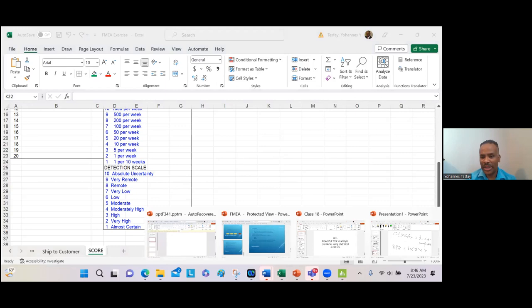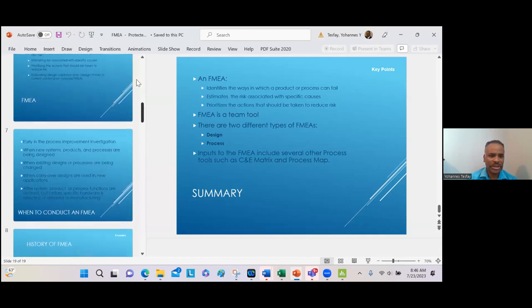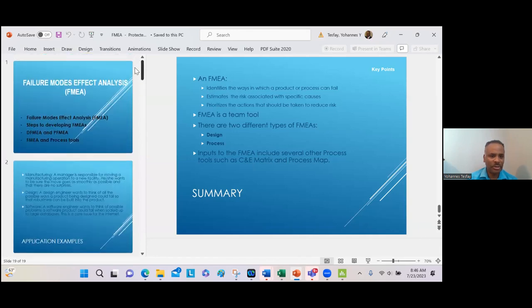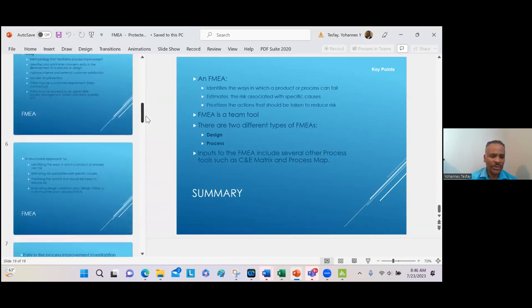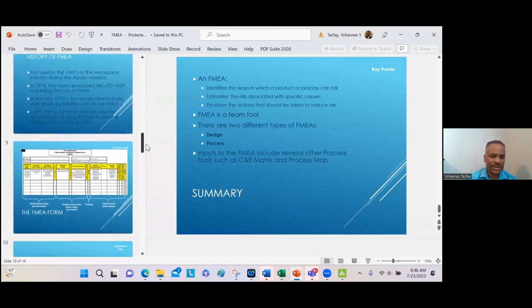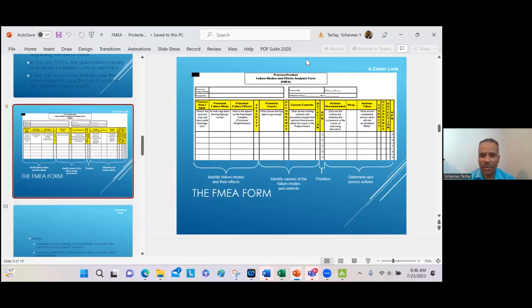So let me show you here some of the things that you need to know. It's like failure mode effect analysis. Yeah, so it's going to be this one. Okay, this is the overall structure of FMEA.